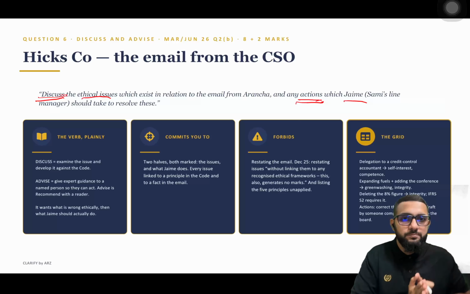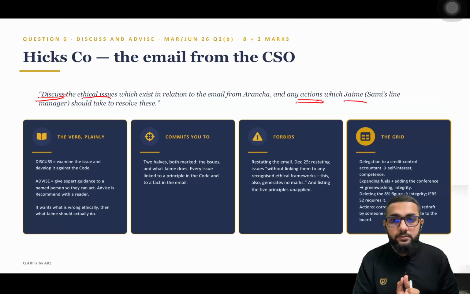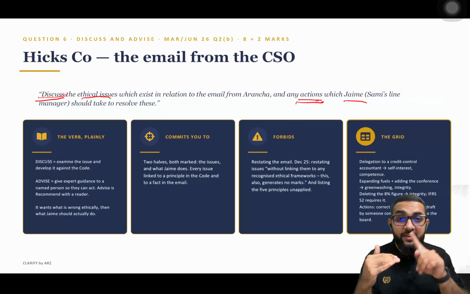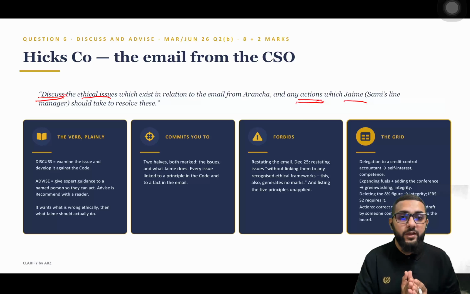Why is it wrong? How would you see why is it wrong? By applying it against the ACCA's code of conduct. So discuss, and then what are the actions James should take on top of the issues identified. So these are the 6 questions focusing on 6 different types of verbs being tested in different ways.